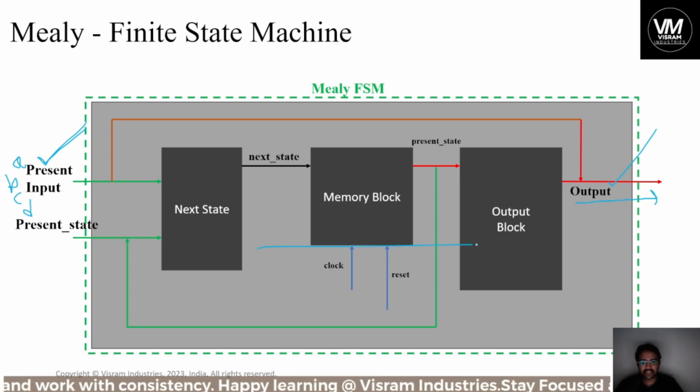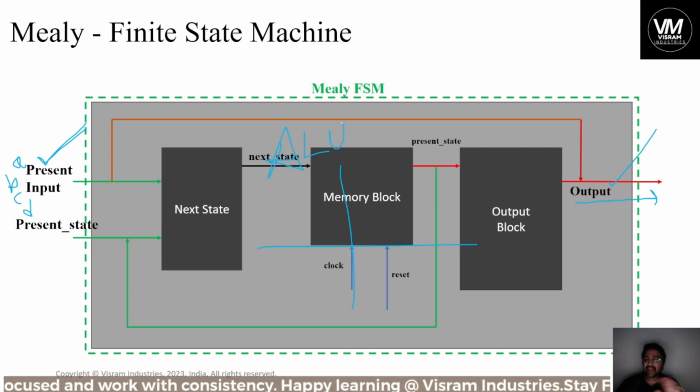Whether this entire block should act as an addition unit, like a half adder, or the entire block should act as an ALU, which does all the logical operations: right shift, left shift, addition, subtraction, multiplication, division, or modulus, or we can compare greater than, less than, and AND operations.